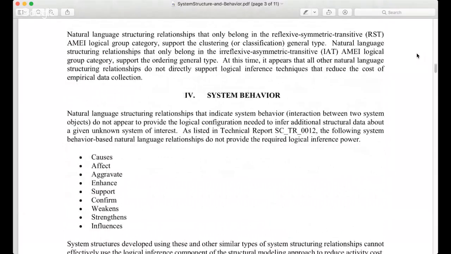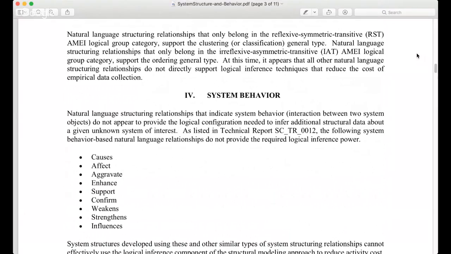So the natural language relationships that we've found that work well with these logical parameters are the ones that create the collections or the equality, which is reflexive, symmetric, and transitive. Those are the grouping or clustering operations.